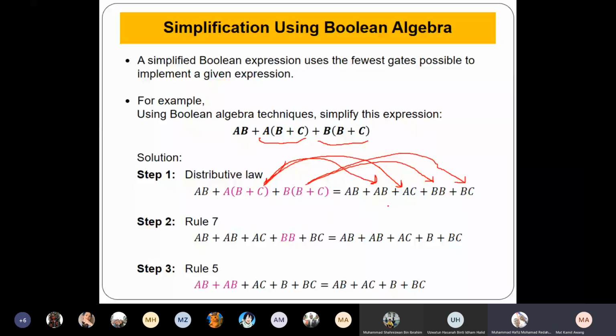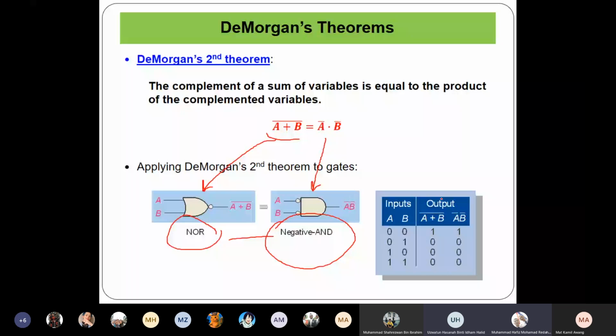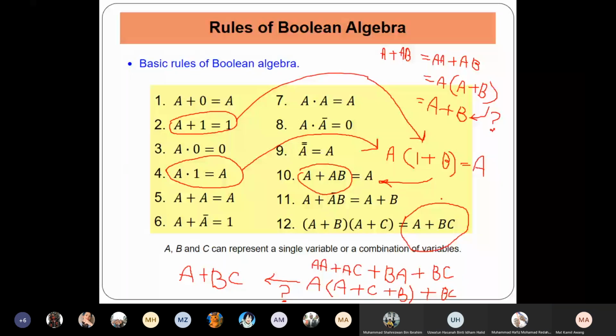Rule 7 says that anything and itself becomes itself.